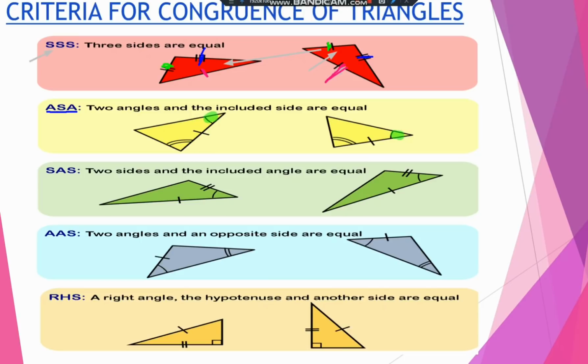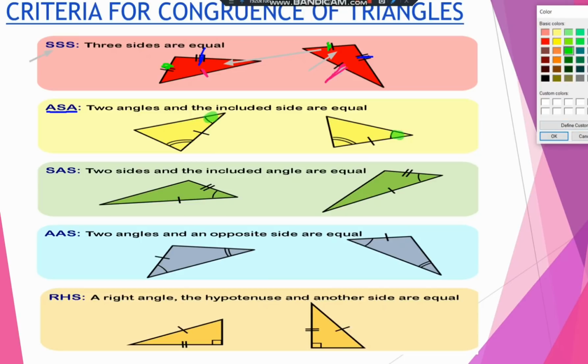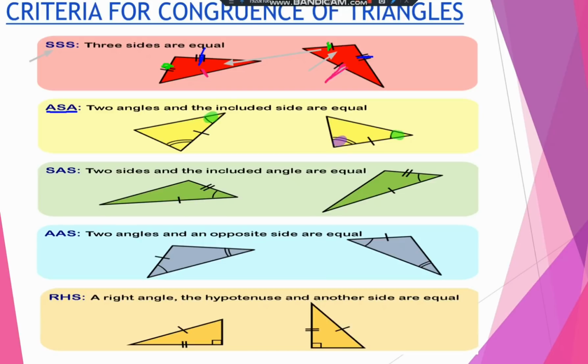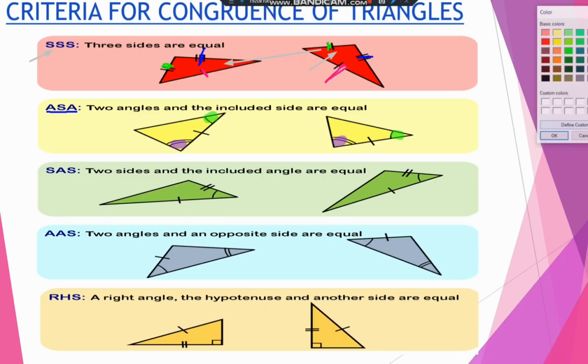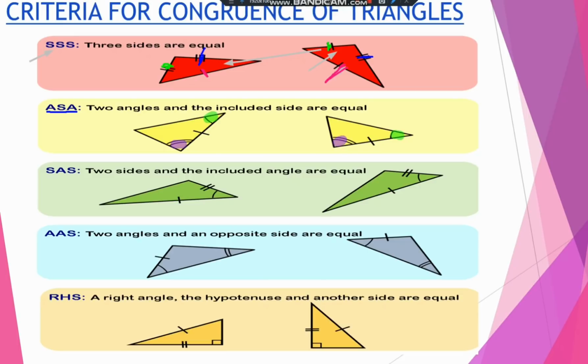The second angle is equal to this angle, and the third is the side that is equal, and this should be the included side. So this side is equal to this side, that is the included side.